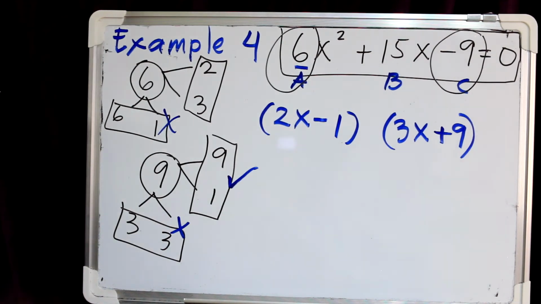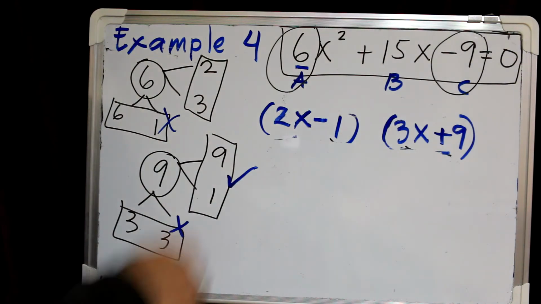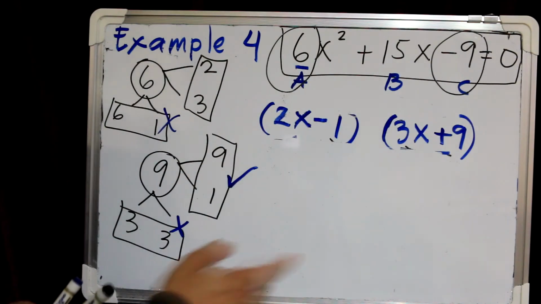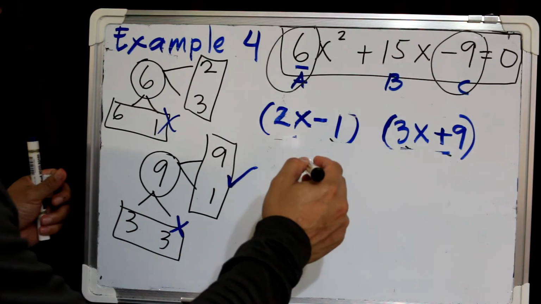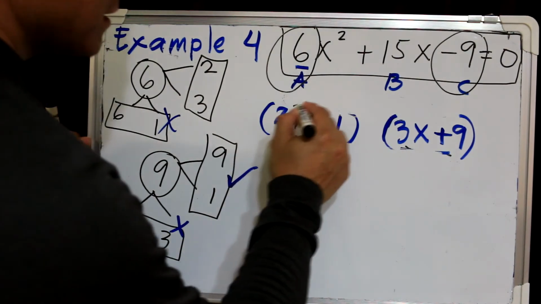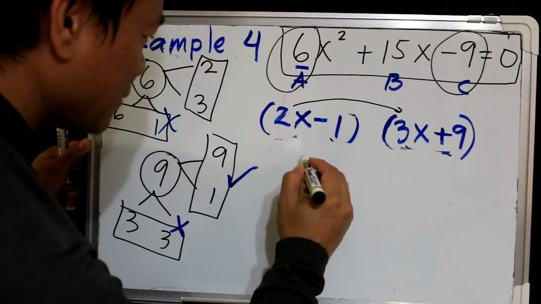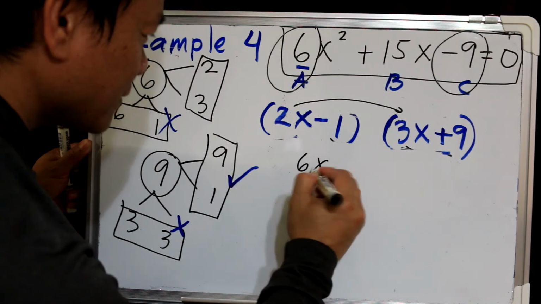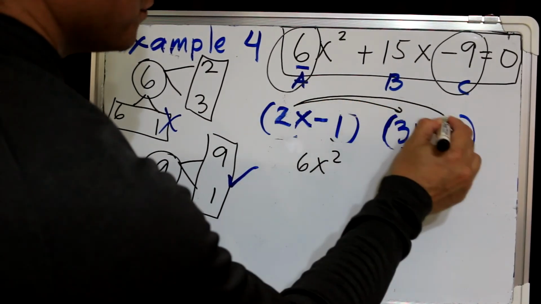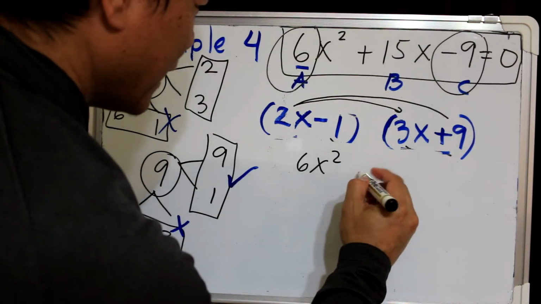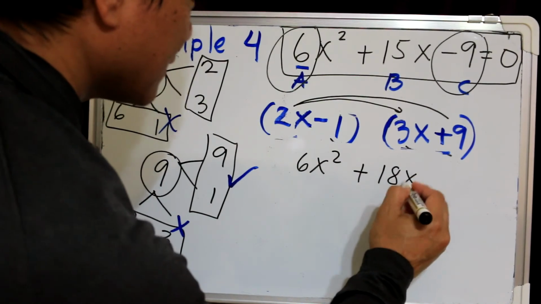Okay, now let's check if our answer is correct. Using our FOIL method, first, outer, inner, last, we are going to check this and see if we're correct. So you have 2 times 3 there, so that would be 6x squared. And 2 times 9, that would be plus 18x.